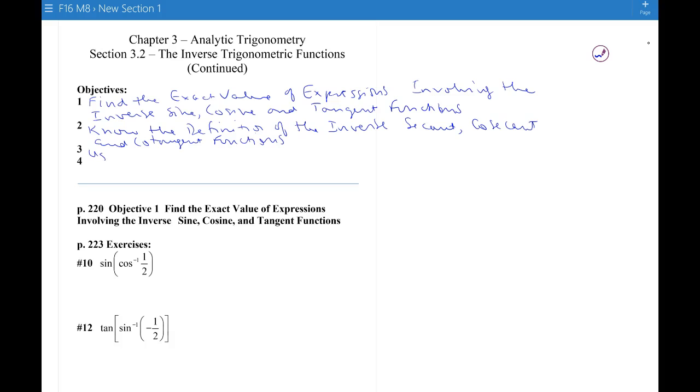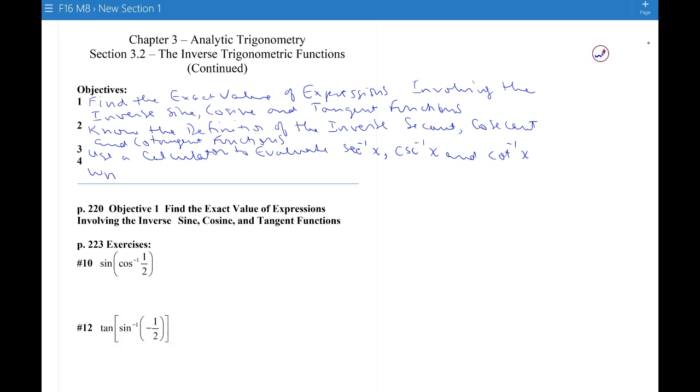Then third, we're going to use a calculator to evaluate inverse secant of something, inverse cosecant of something, and inverse cotangent of something with the calculator, but it's going to be a little tricky.